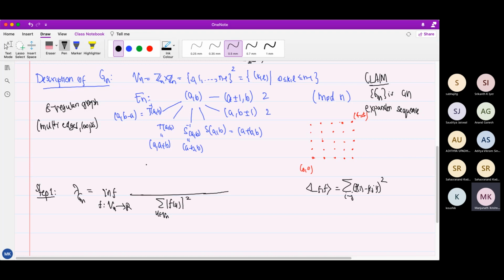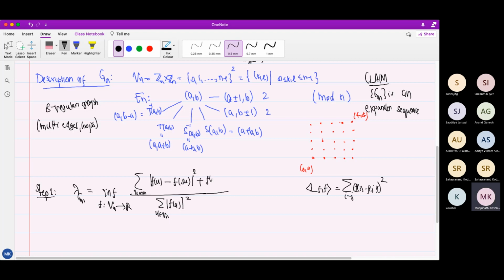Here that is the same as the sum over all u in V_n of f(u) minus f(S u) squared, where S u is one of the neighbors. I hope I don't mess it up.